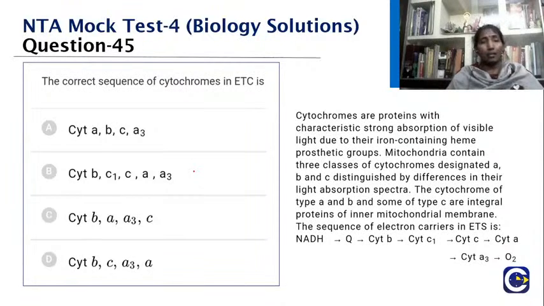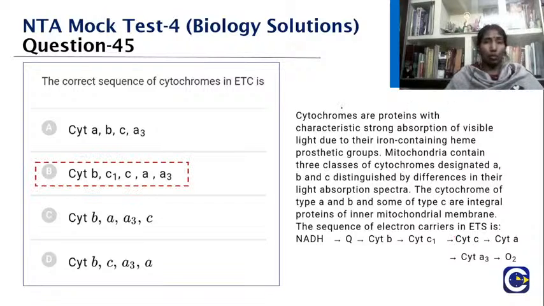The electrons are transported from NAD to flavoprotein and then to cytochrome Q. From cytochrome Q, what happens? The electrons are transported to cytochrome B, then C, A and then A3. So the right option is what?